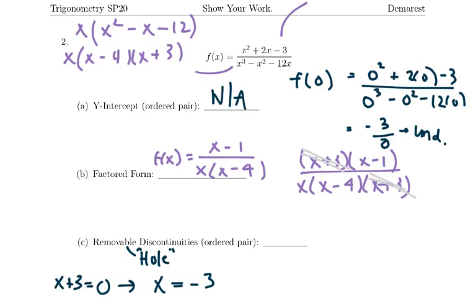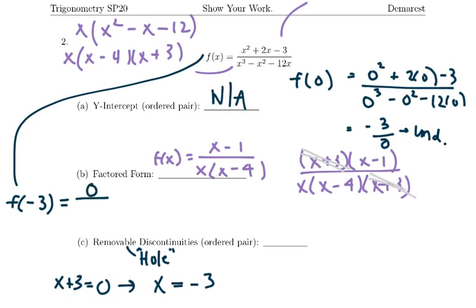And the reason for that is if you plugged negative 3 into the original function, you would get 9 minus 6 minus 3, which is 0 in the numerator. You would get negative 27 plus 9 plus 36, which would give you 0 in the denominator. Okay, 0 over 0, that's undefined.